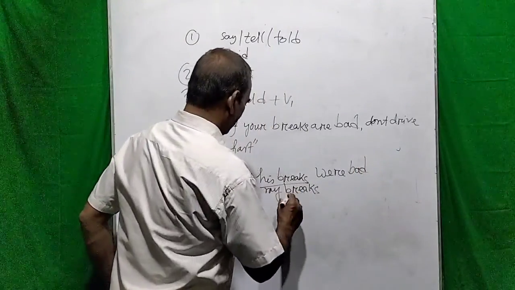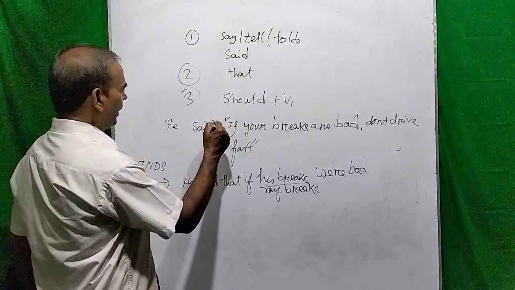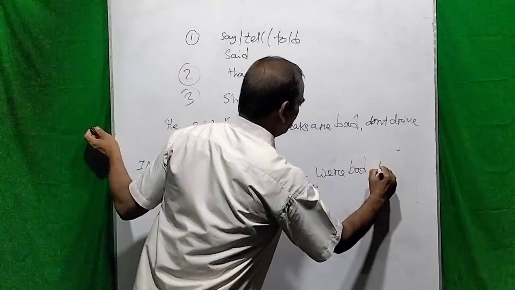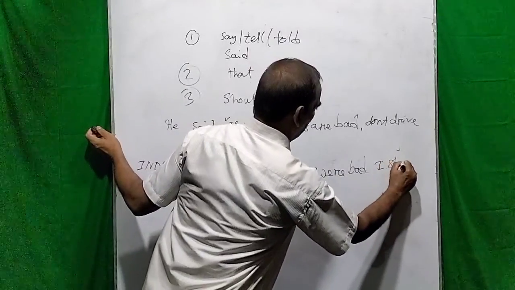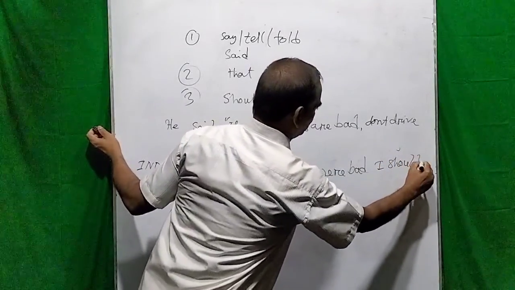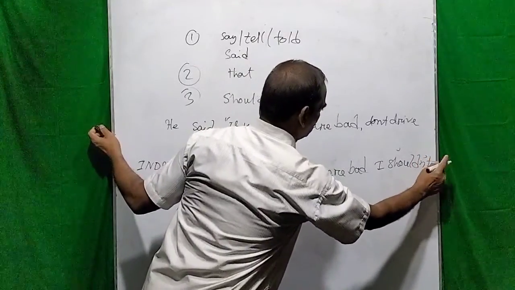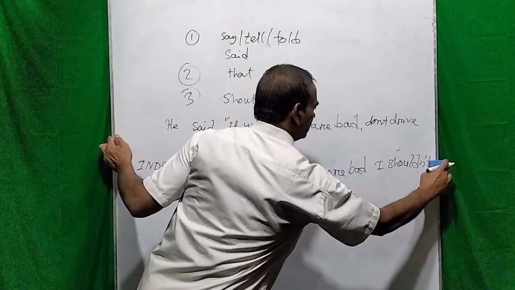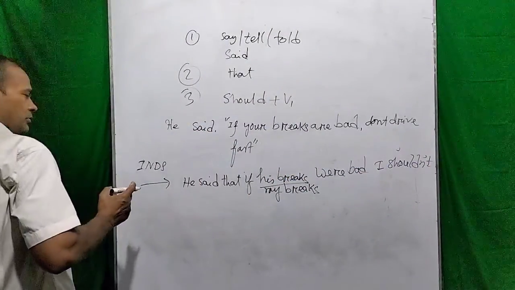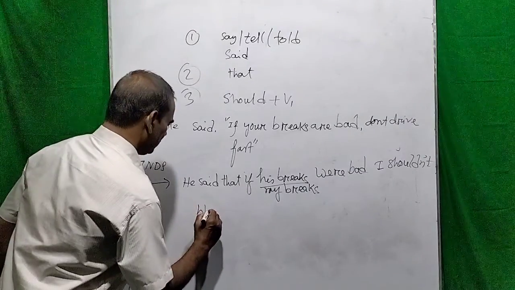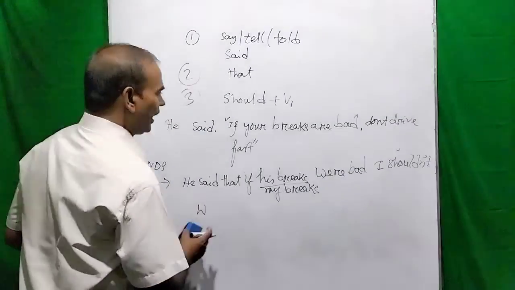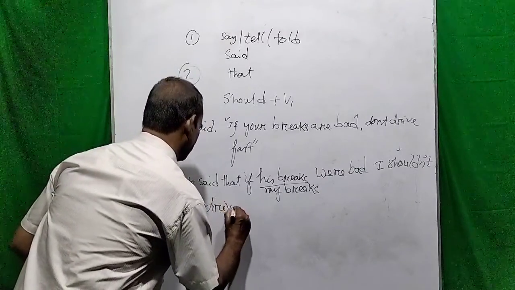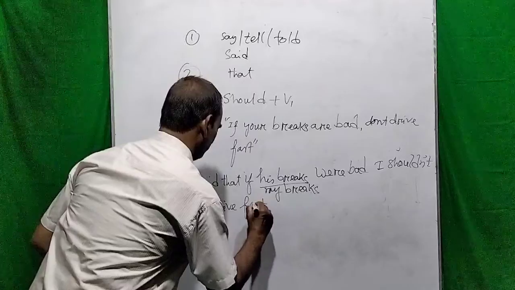I should not. If I take the implied object me here, so I have to write I shouldn't drive fast.